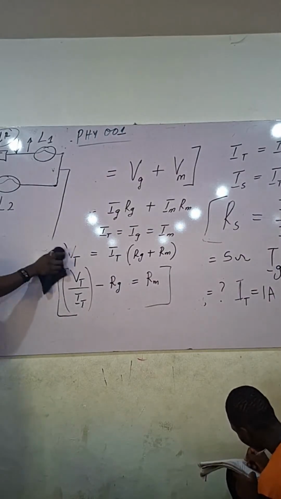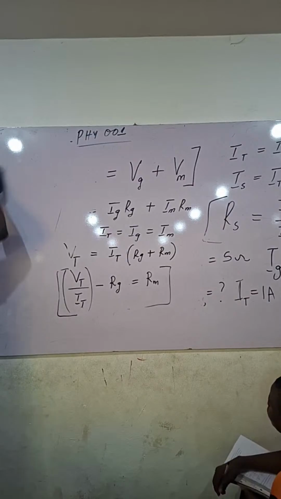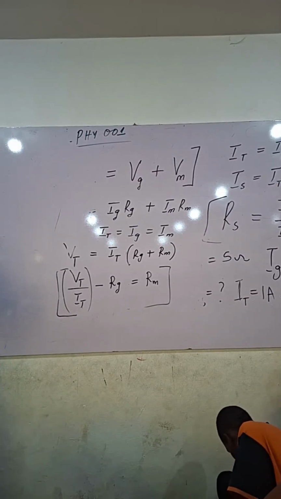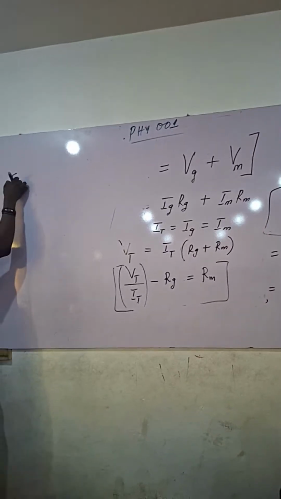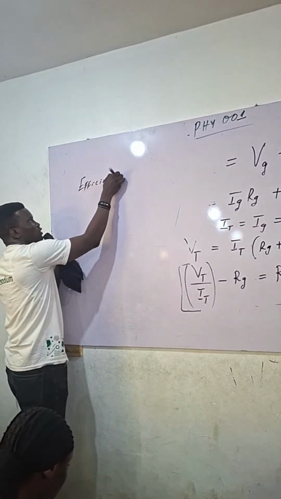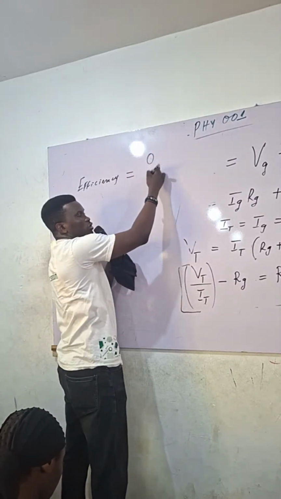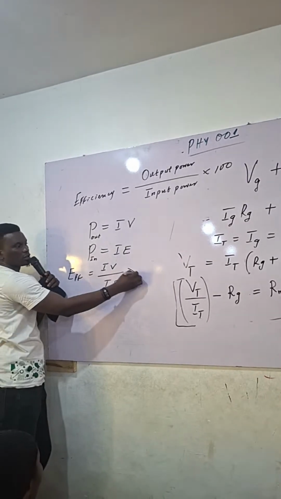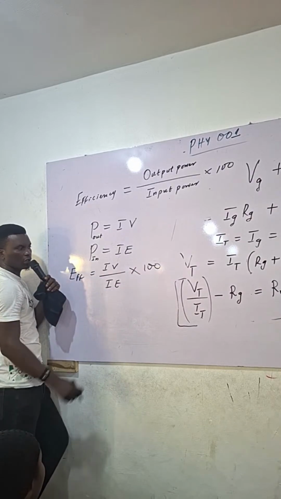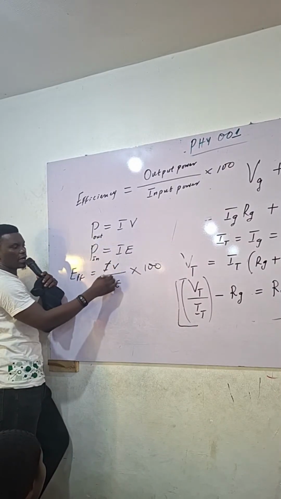So efficiency is equal to output power over input power, times 100. V is the external voltage, and I is the current.